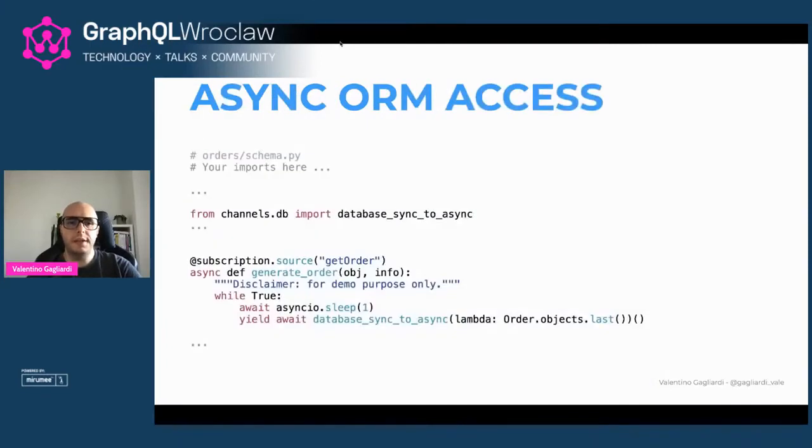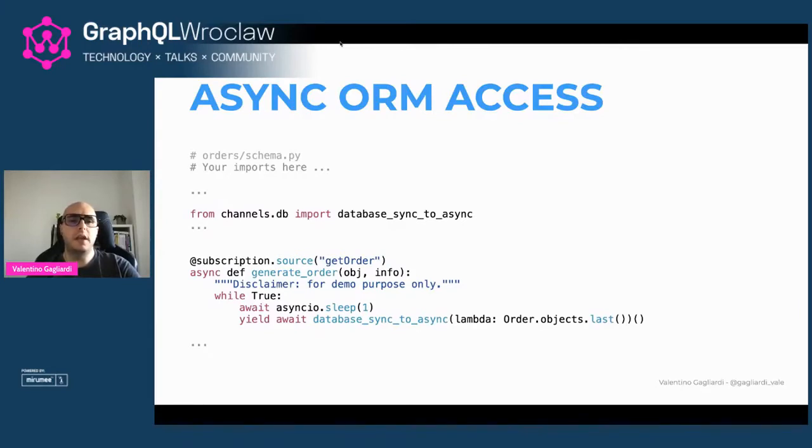While working with Channels, we can use this function, database_sync_to_async, which is a small wrapper around sync_to_async from ASGIref. If, for example, you deploy a Django project under an ASGI server and you're not using Channels, you can use sync_to_async from ASGIref.